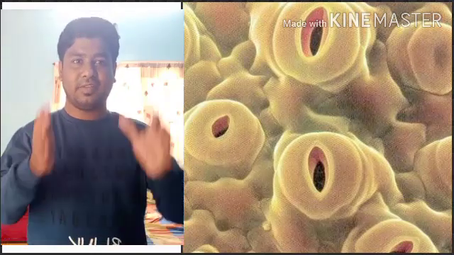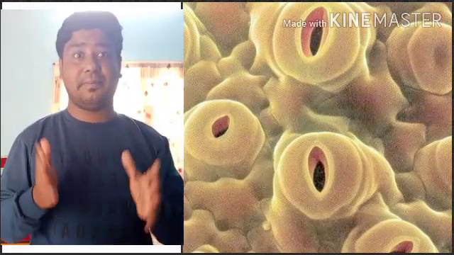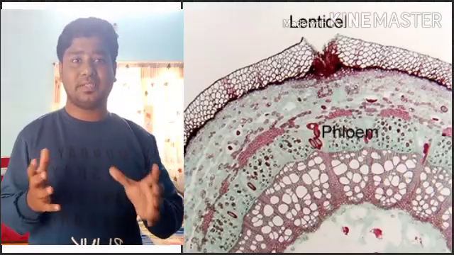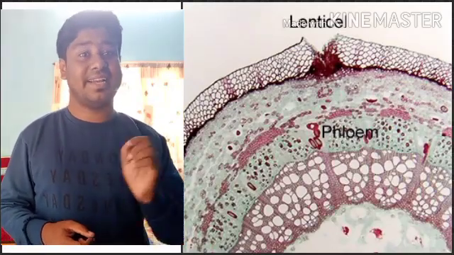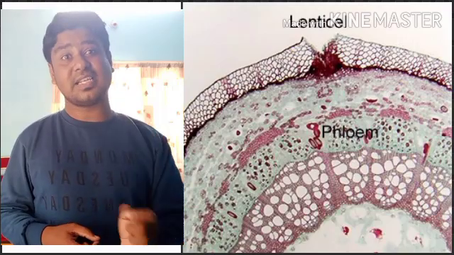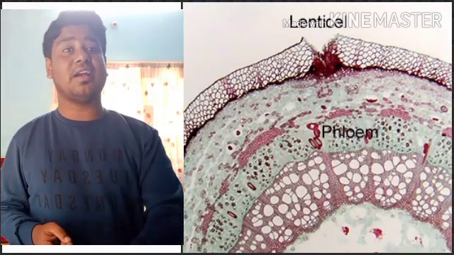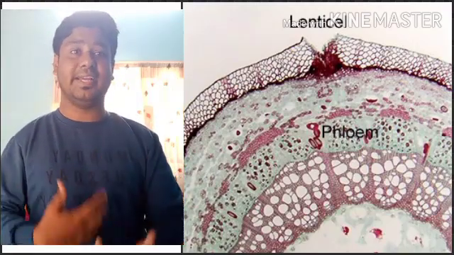Then when it comes to the stem, in the stem we don't have stomata. As the stem becomes older, it has separate specialized cells called lenticels. So lenticels help in taking up oxygen, taking up air, in the stem.